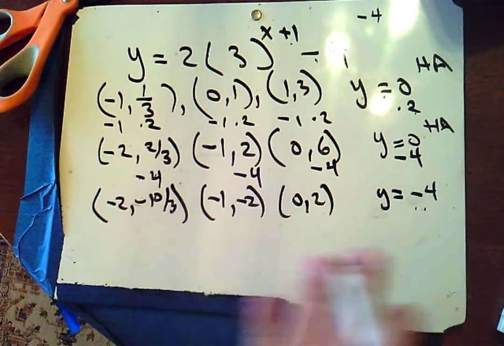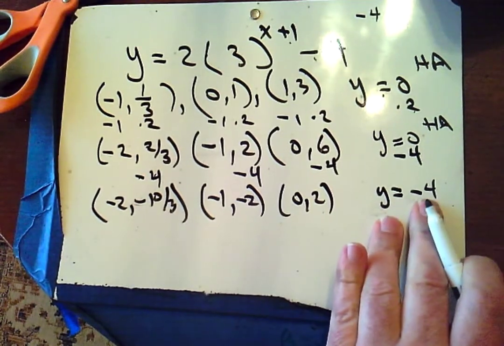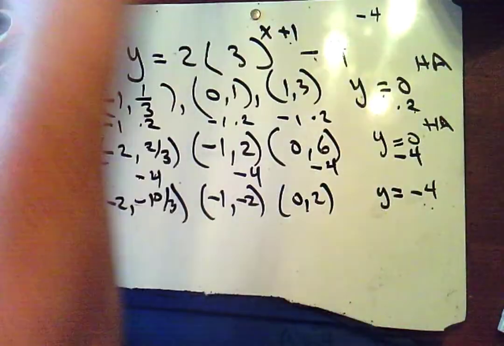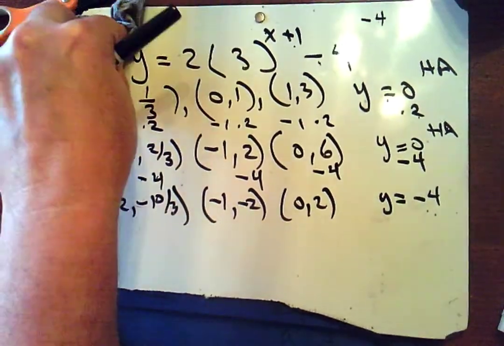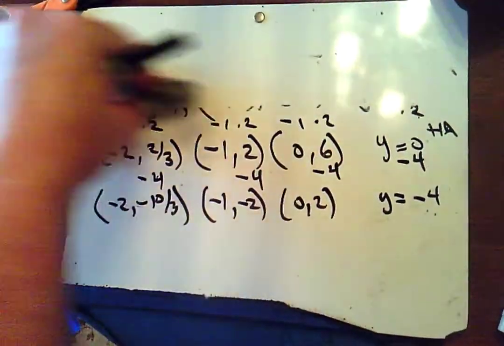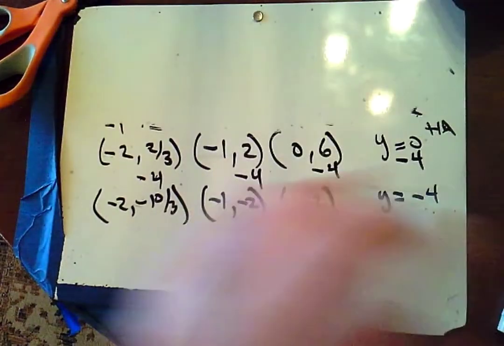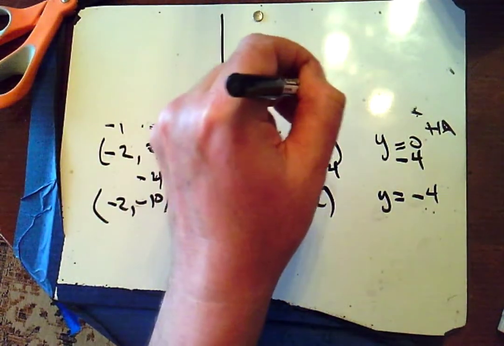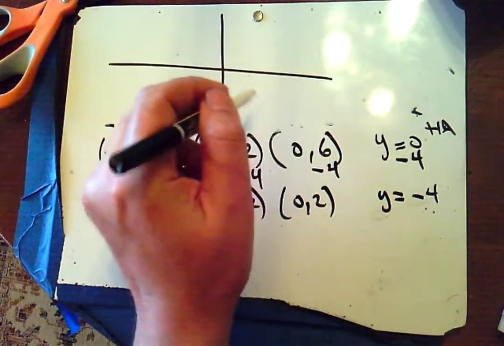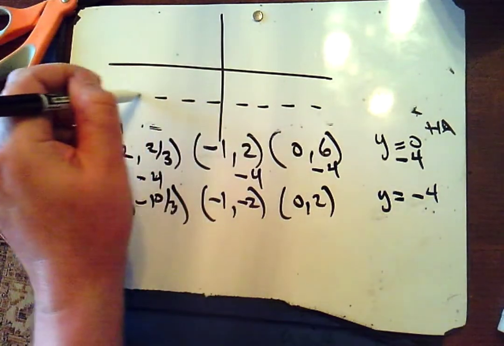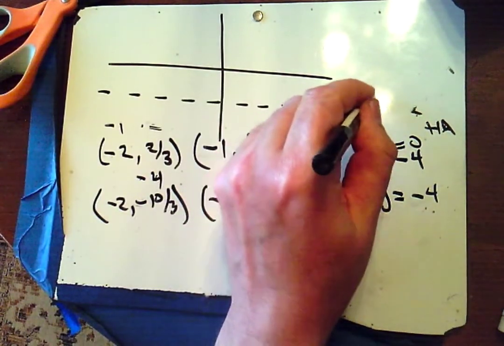So these are the points. This is the horizontal asymptote. And let's carve out some space on this board so that we can graph. Remember, I need you to label your points on the graph. Here's y equals negative 4.